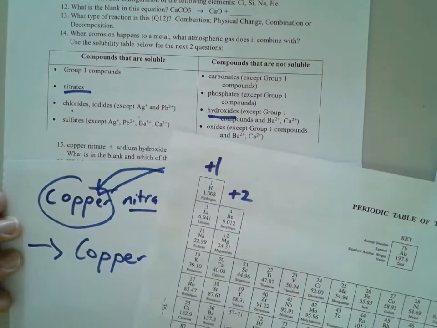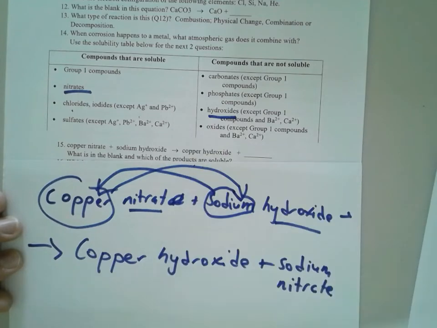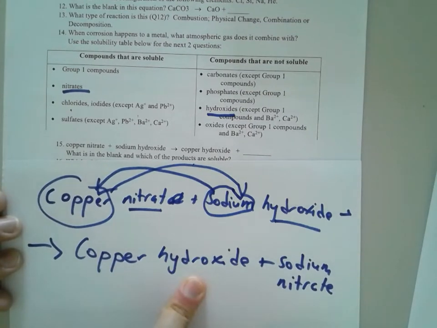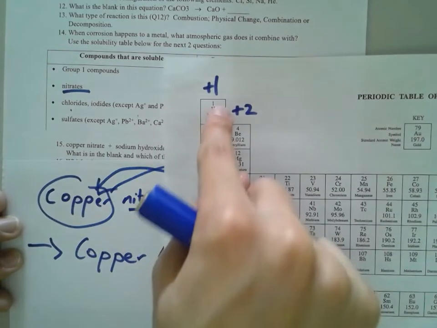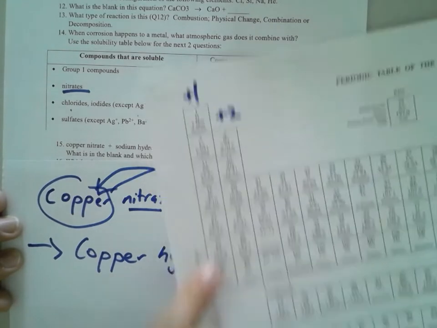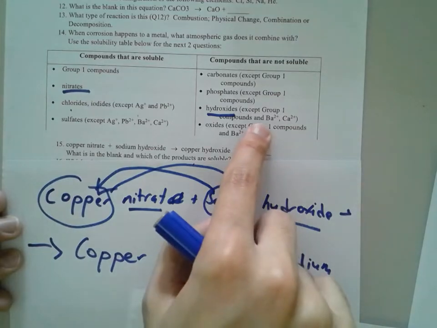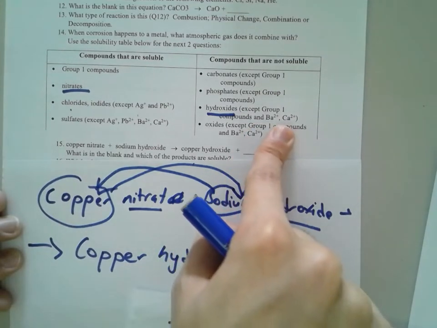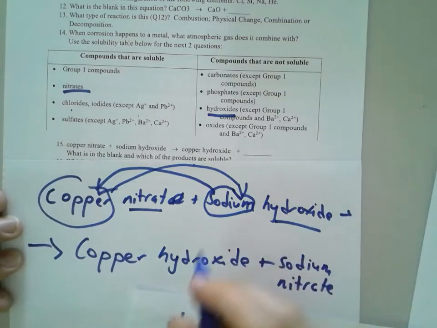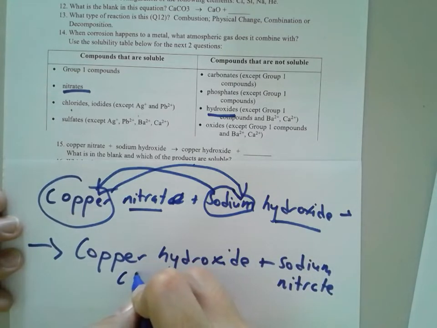So we don't have lithium hydroxide or sodium hydroxide or potassium hydroxide or rubidium hydroxide. We have copper hydroxide. We don't have any elements in this group here. We also don't have barium or calcium. So therefore, this is a solid, okay?